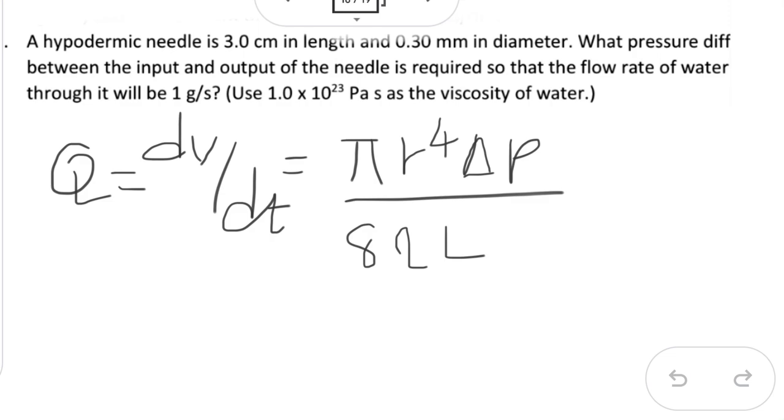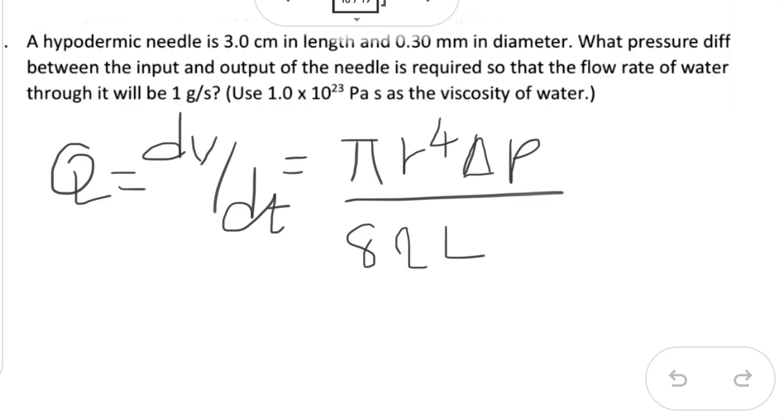One thing I want you to notice before we go ahead is the flow rate that we are given in the question, and the flow rate that is required by this equation. In the question we are given the flow rate in grams per second, but Poiseuille's equation gives the volume flow rate, in cubic meters per second.